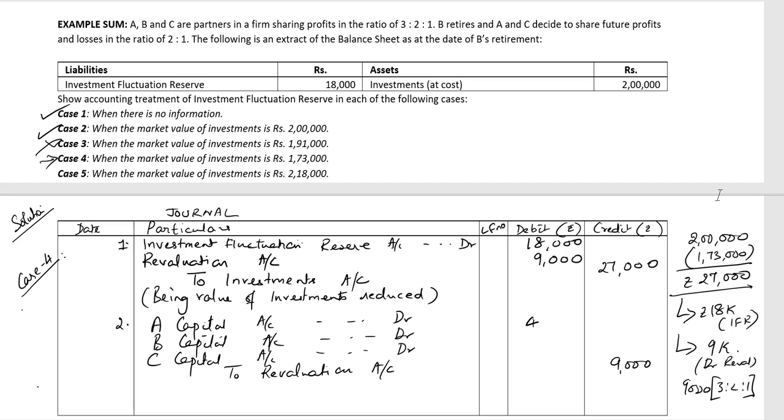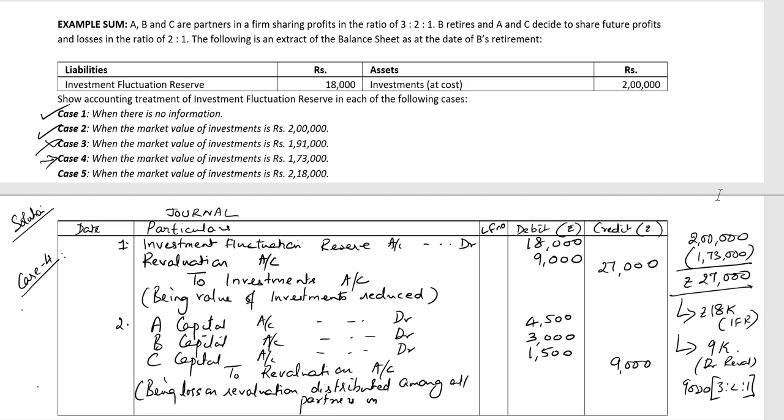We have 4,500 rupees against partner A, 3,000 rupees against partner B, and 1,500 rupees against partner C. Narration being loss on revaluation distributed among all partners in old profit sharing ratio.